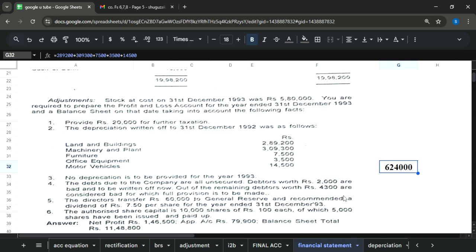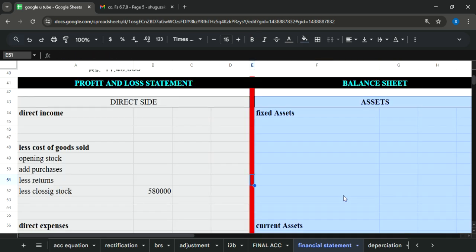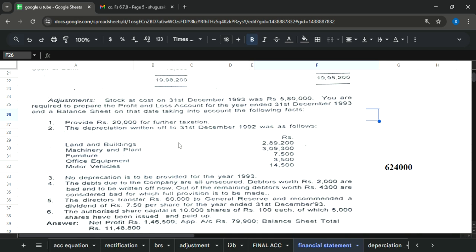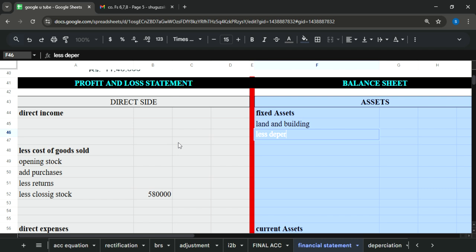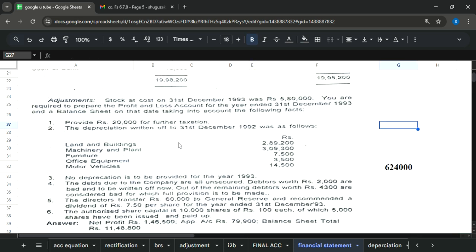So we'll go to the balance sheet side, and here each and every asset would be mentioned. Like the first asset is land and building, we will write over here, first asset land and building. We will subtract its depreciation, the amount of which is 289,200.